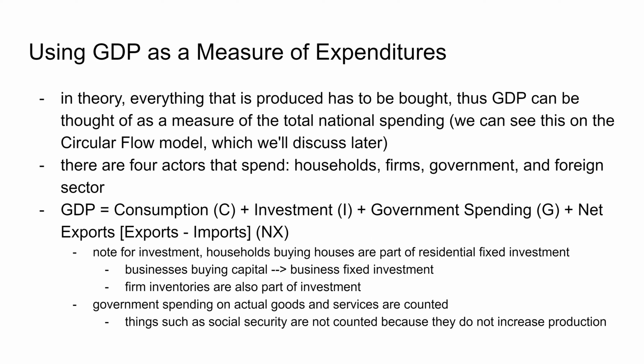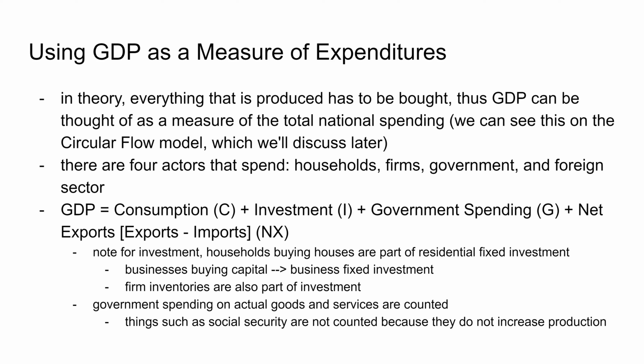And so GDP basically consists of consumption, which is the spending done by households, and investment, which is spending on capital equipment by businesses and firms. Investments also include business inventories and the purchases of houses by residents.